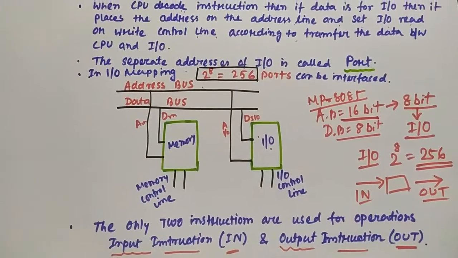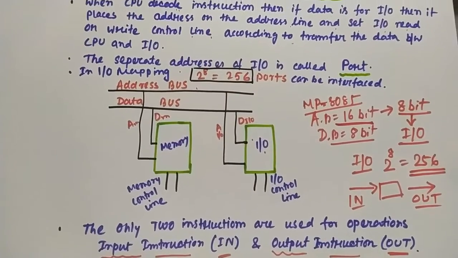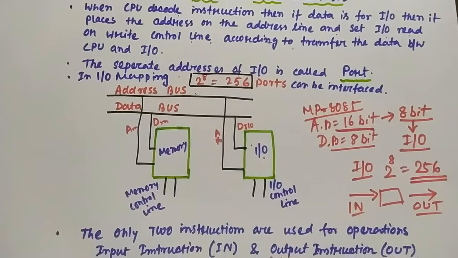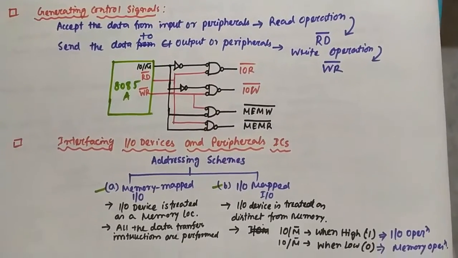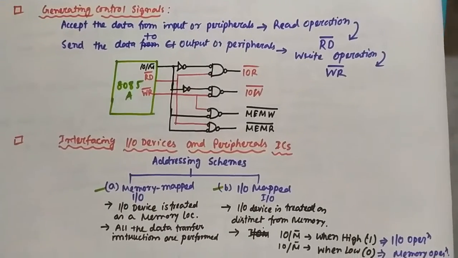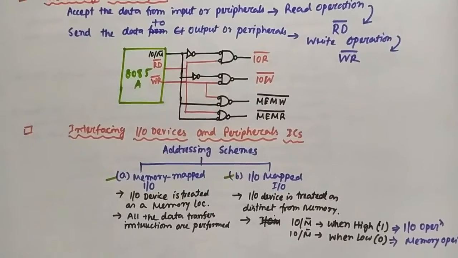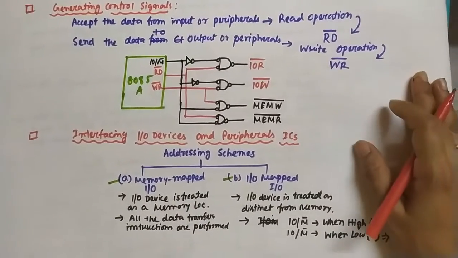These are the only two instructions supported when the microprocessor or CPU is performing input-output mapping. Now the basic term: how the control signal is generated. Control signal generation is a very important part of interfacing.